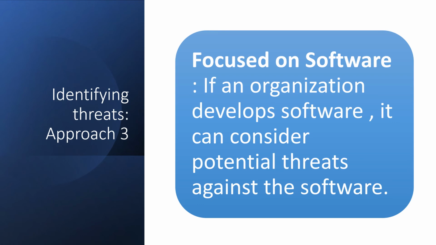The third approach for identifying the threats is focused on the software. This is only for the software product. If an organization develops software, it can consider potential threats against the software from various sources. It might be a competitor who is trying to imitate the product, or it might be from contractors or trusted partners.